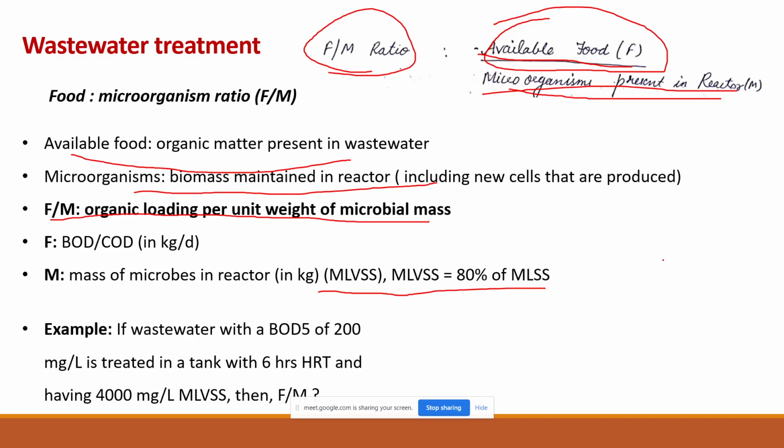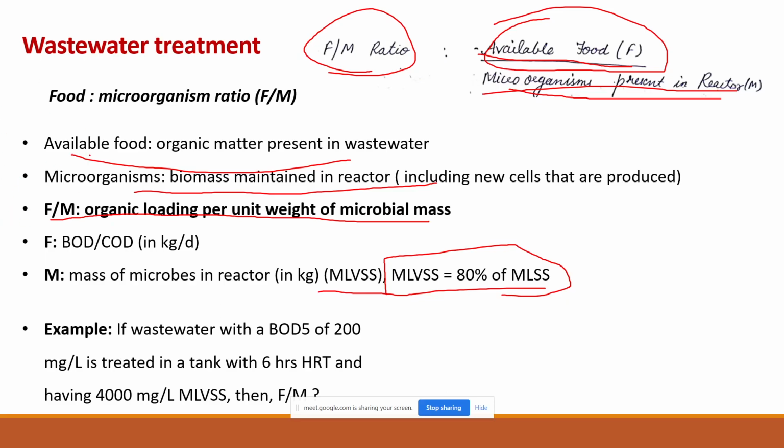Food or the organic matter can be stated as BOD and COD, and the microorganism is stated as MLVSS or MLSS. Then there is a simple interrelation between MLVSS and MLSS, that MLVSS is 80% of MLSS. Fine. So there are just 2 points, the organic matter divided by the microbial biomass. That gives you F by M ratio.